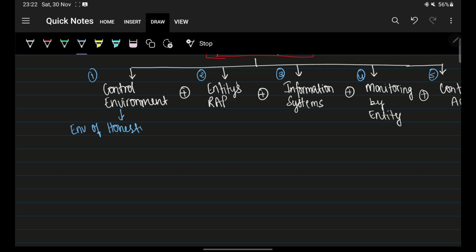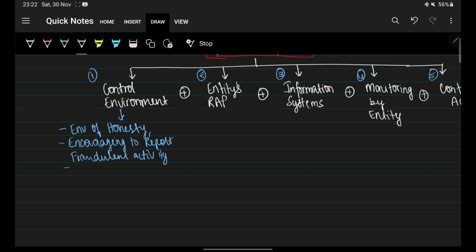Of honesty, whether the management is encouraging people, right? Encouraging people to do what? Encouraging to report any fraudulent activity, right? Fraudulent activity.